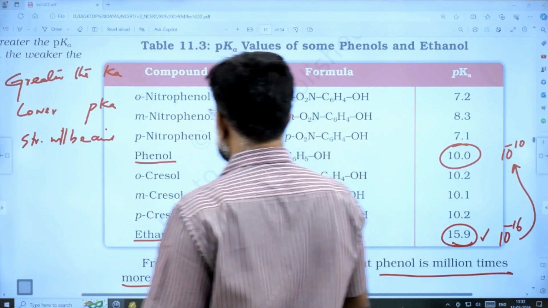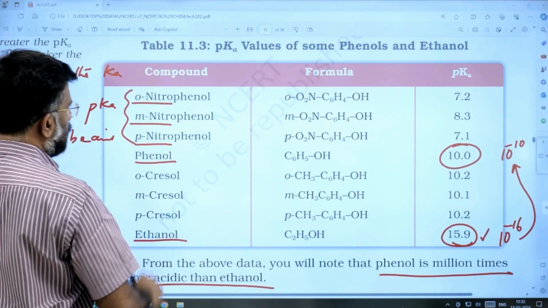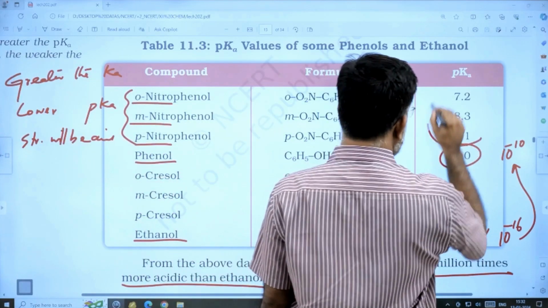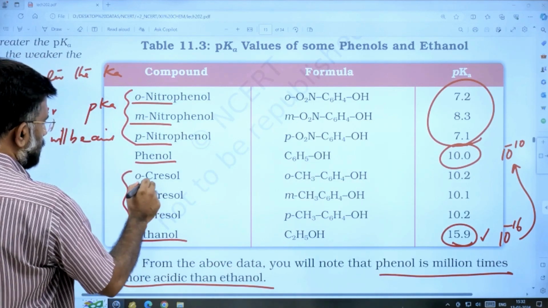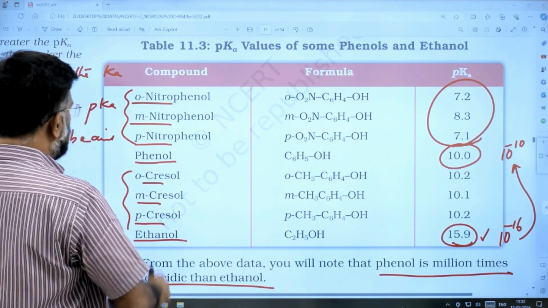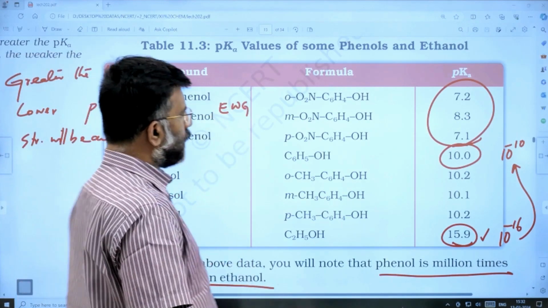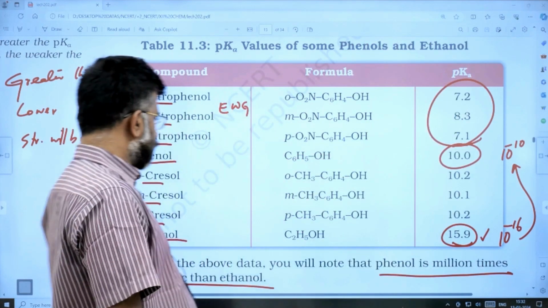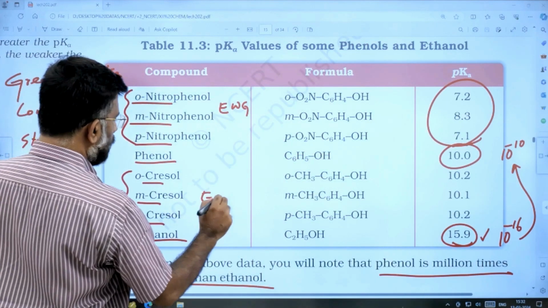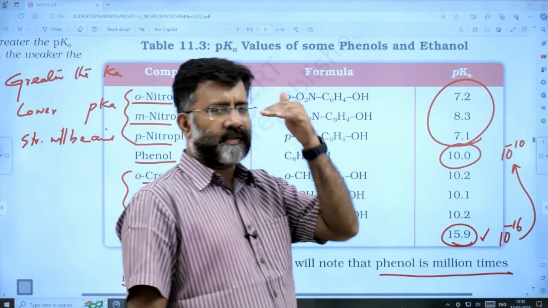Now you see nitrophenol, an electron withdrawing group, has a lower pKa value, while cresol, which means methyl phenol, has an electron donating group. With an electron withdrawing group, pKa value decreases and acidic strength increases. With an electron donating group, pKa value increases and acidic strength drops.